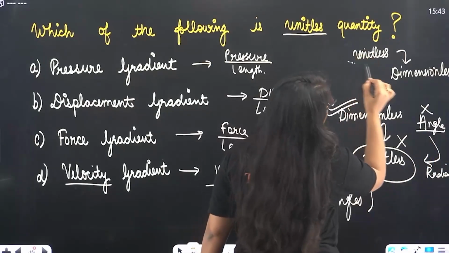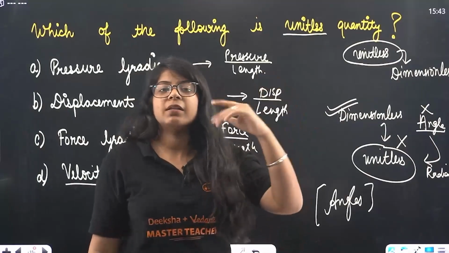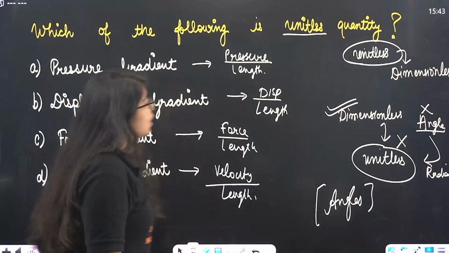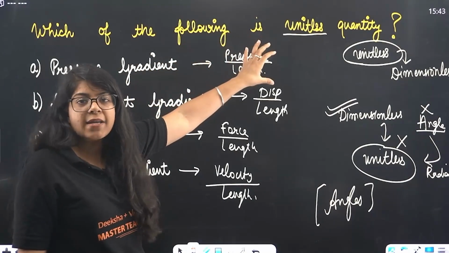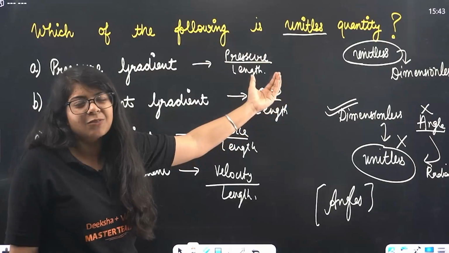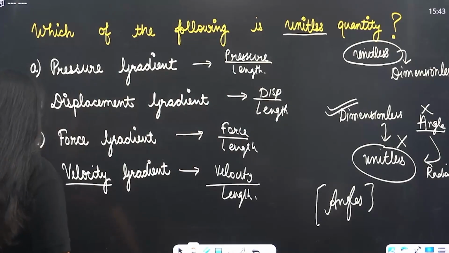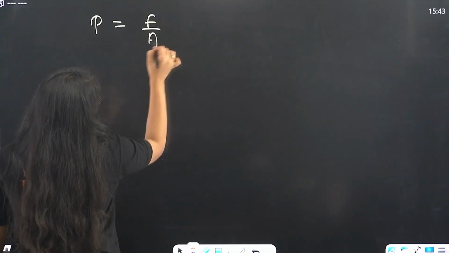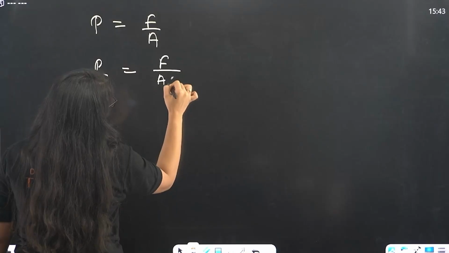But all the unitless quantities, that means the quantities that don't even have a unit, are always dimensionless. Okay, so let's see. Pressure has some units. Why am I saying this? Look at this. Pressure, beta, is force upon area. Pressure per unit length is force per unit area into length.